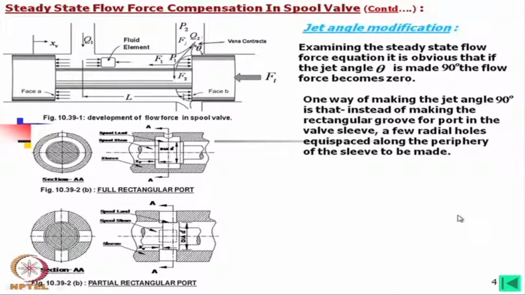Then what we can do, we can provide rectangular holes at different positions, maybe 4 at 90 degree, maybe 6 at 60 degree or more, but making such rectangular holes on this sleeve is difficult.